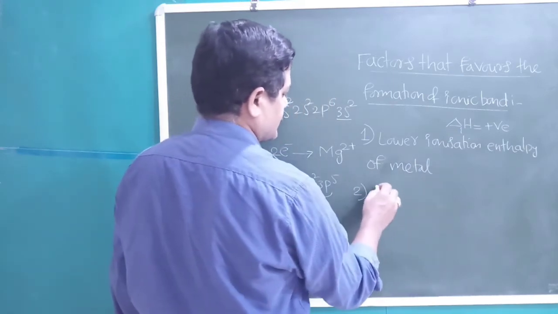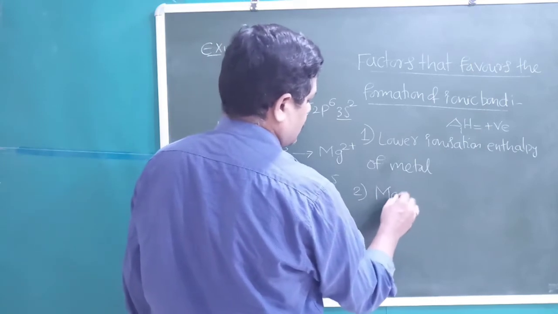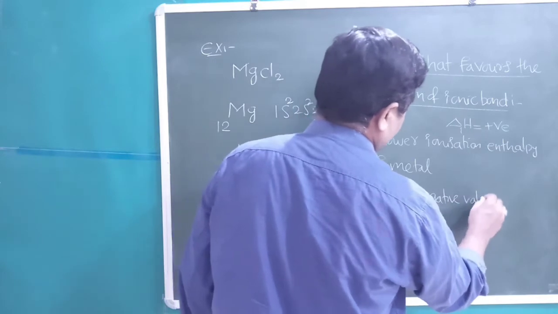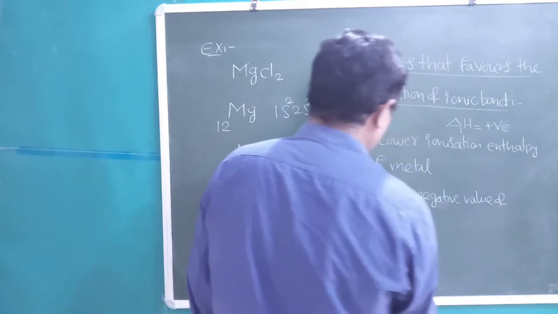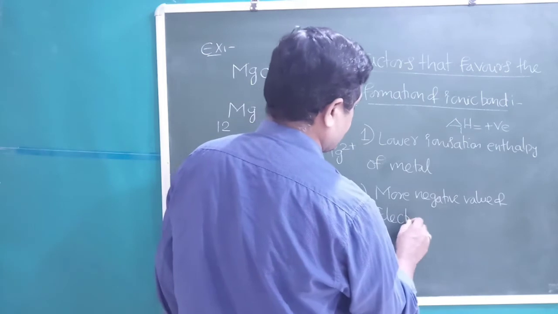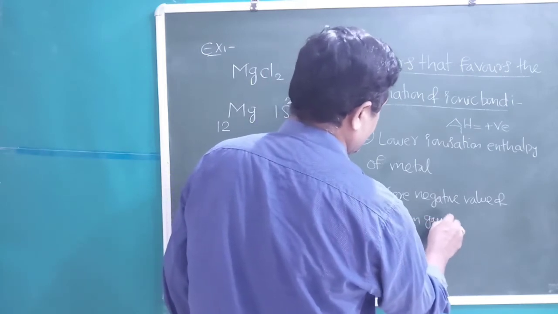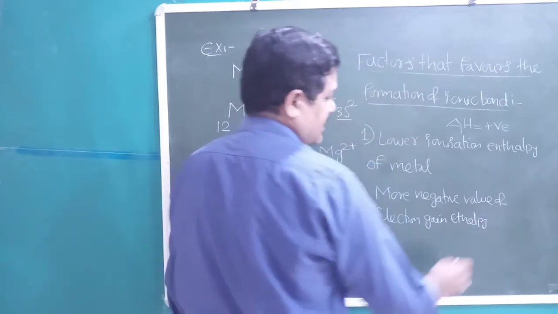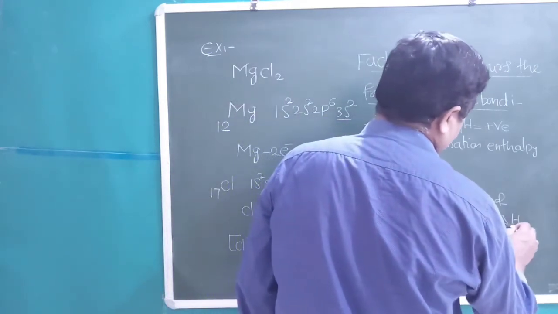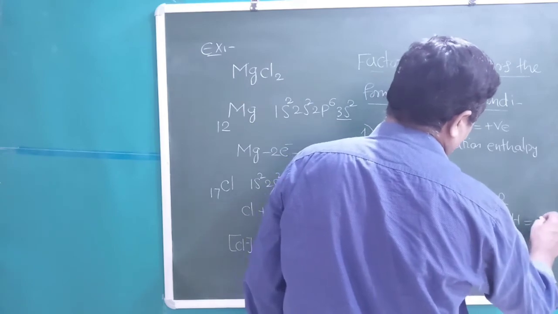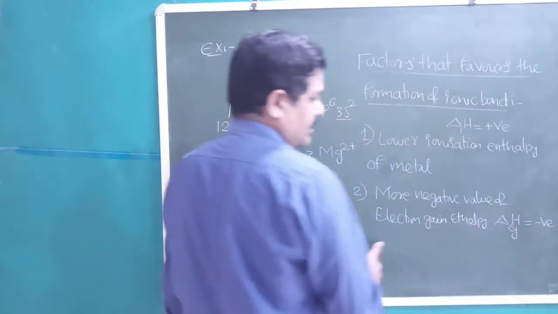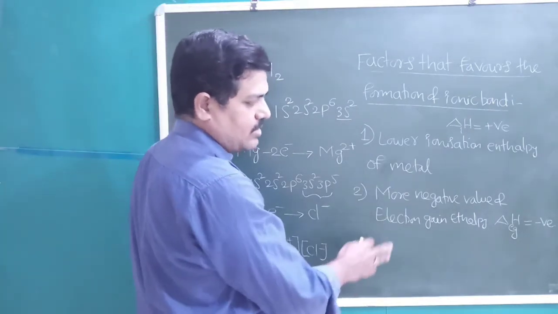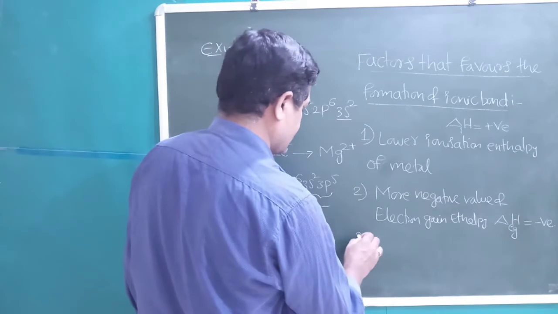Second thing is a more negative value of electron gain enthalpy, delta Heg. Its sign is negative because it is an exothermic process. A more negative value of electron gain enthalpy is required.